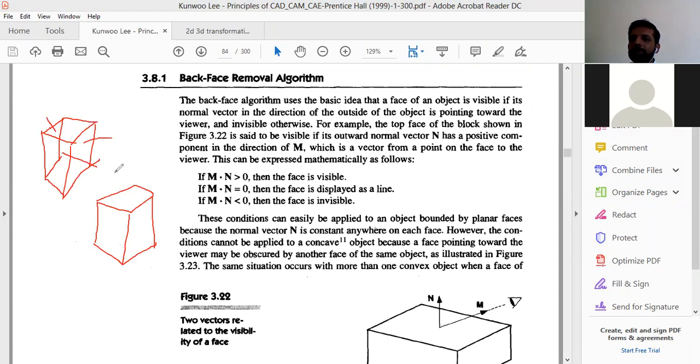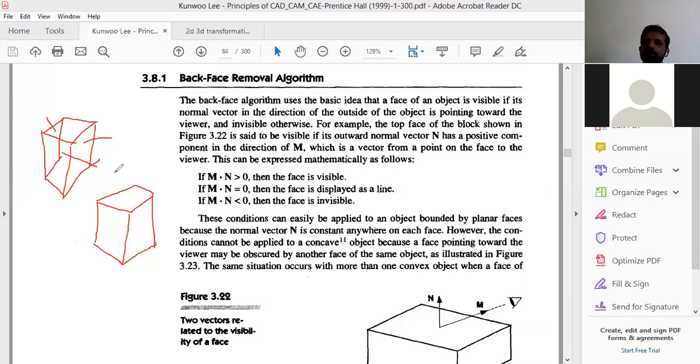Now how does the computer solve this, right? An algorithm has to be written where the computer detects which surfaces are in front and which are behind, and suitably removes the faces that are hidden, the hidden surfaces or hidden lines. It is both of them for an object.